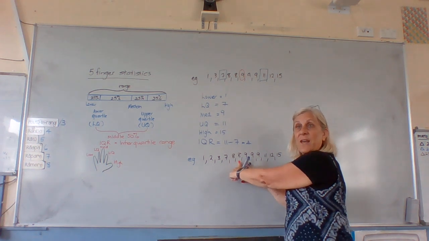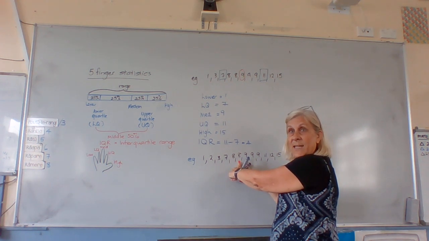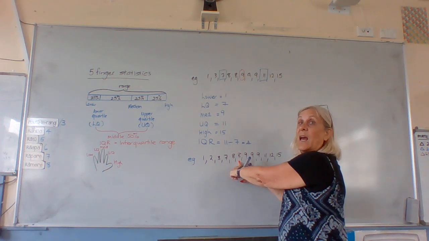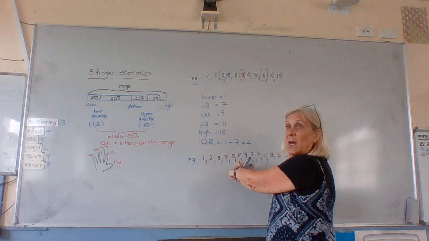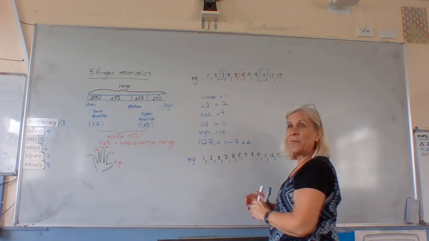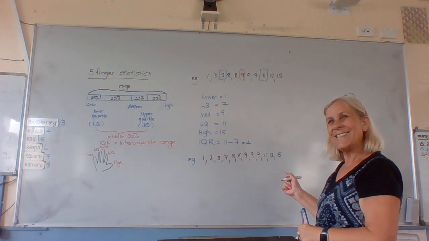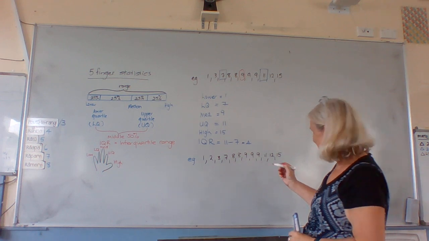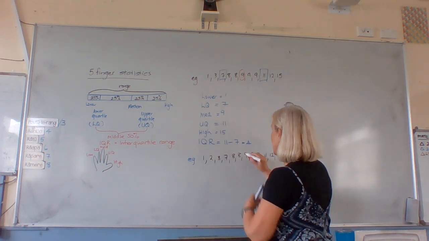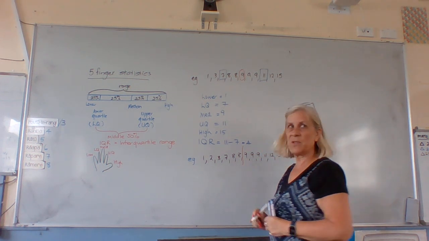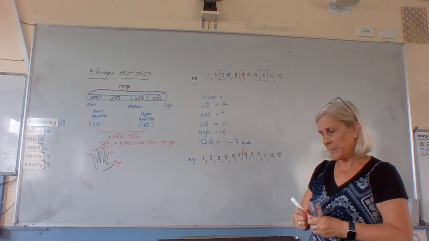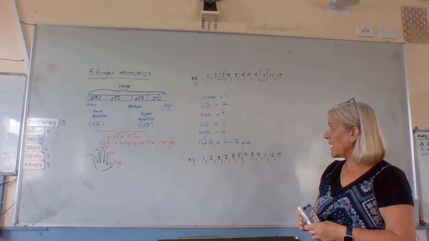What happens if I don't have a middle? What did we say yesterday? We go halfway in between. Right, Pootie? Halfway in between. All right, so that is here. What number is it going to be? 8.5.